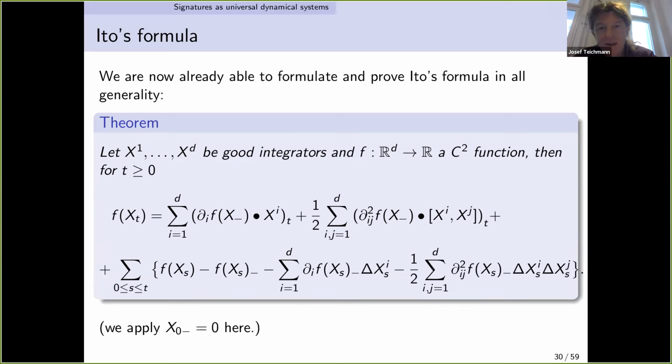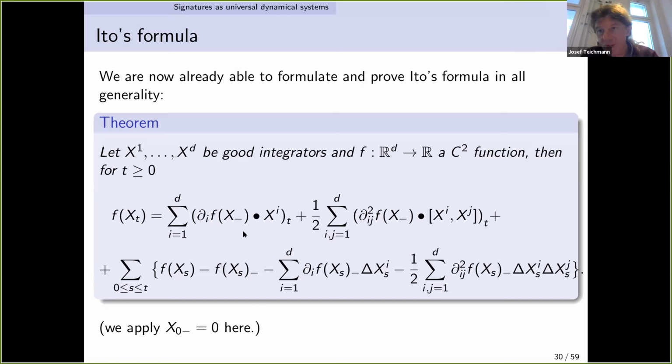Bottom line, Ito's formula is an application of Taylor expansion, classical Taylor expansion, and doing the correct limiting processes. It needs the existence of stochastic integrals, it needs the existence of quadratic covariation, and certain properties of the function, namely the C2 property, in order to write it down.